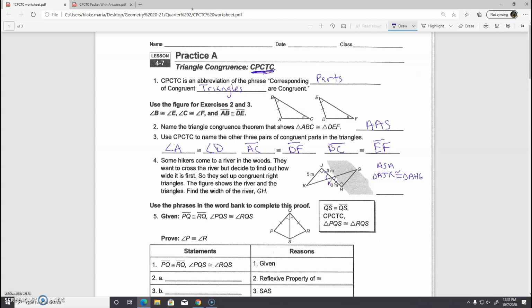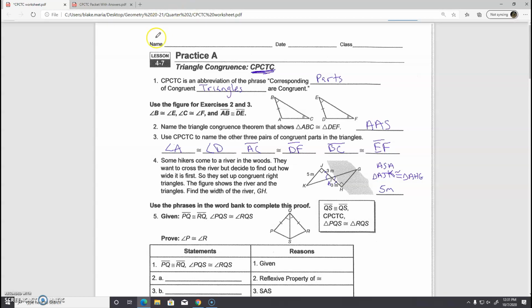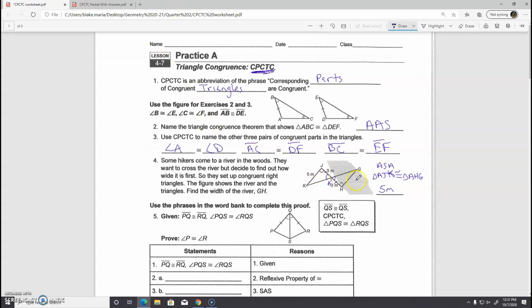So now that you know that, they want to know the width of the river. So the width of the river is GH. GH should be the same as KJ. Well, KJ is 5, so the width of the river is 5 meters. So you actually used angle, side, angle to prove the triangles are congruent, and then you said, well, if my triangles are congruent, then I know the parts are congruent. So once you said your triangles are congruent, you knew that GH was the same as JK.